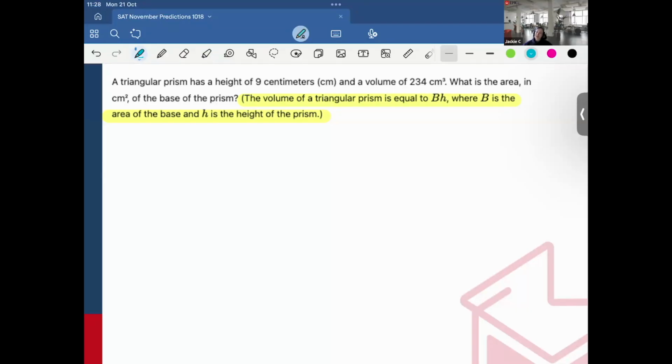So this one, I think, is straightforward, but it tells us that volume is equal to base times height. So I know that the volume is 234 centimeters cubed, and it's equal to the base times the height, which is provided.